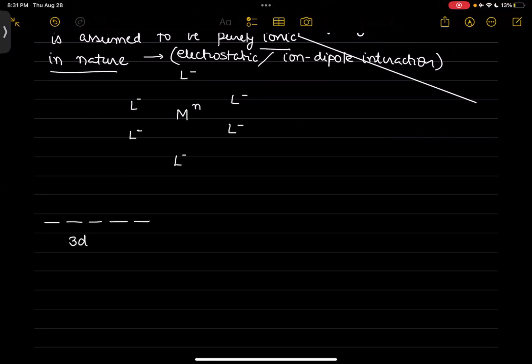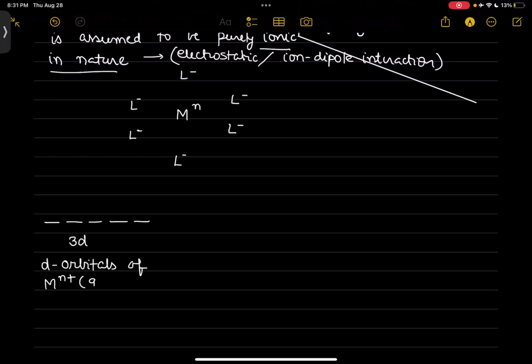These are the d orbitals of the metal ion.